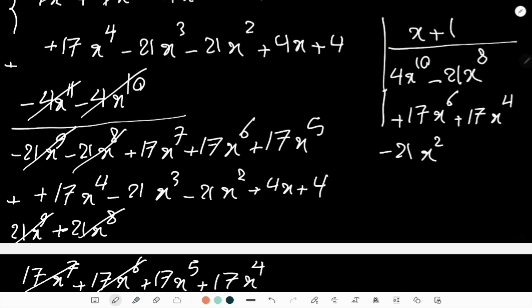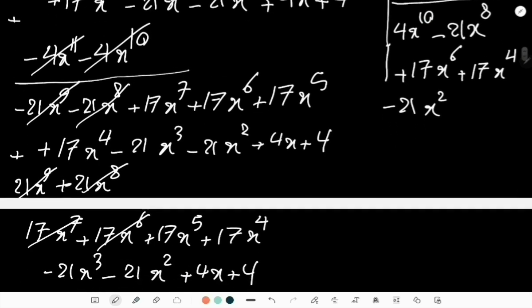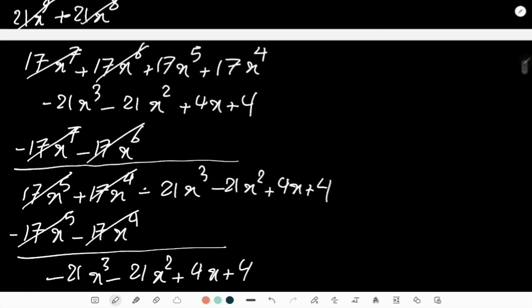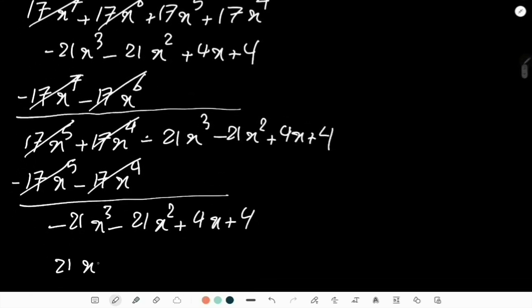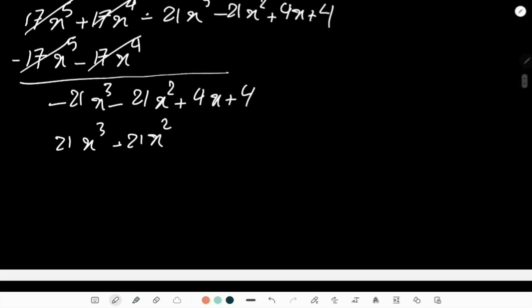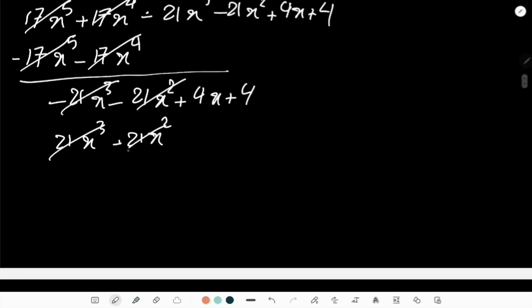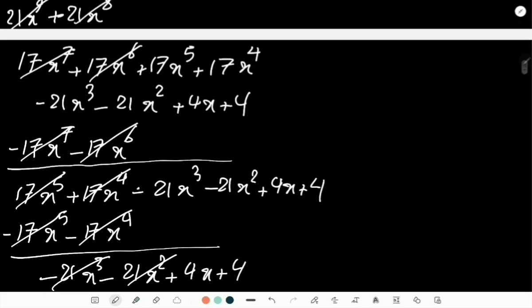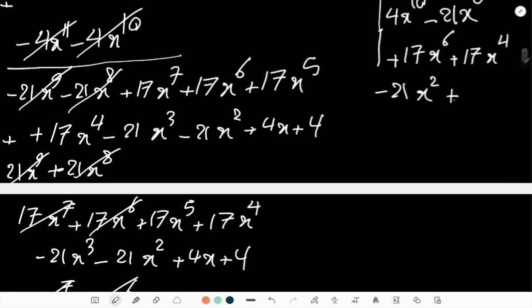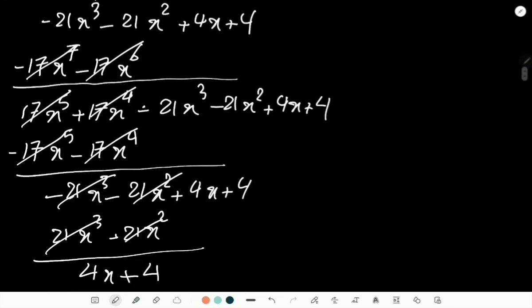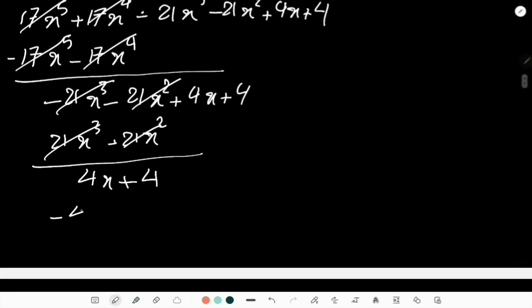So 10, 8, 6, 4, and now I have 2. And then I get here 21x^3 plus 21x^2. And again, these are canceled. And then I have 4x^4, and then the last term, which is basically 4 here. And then here I get remainder 0.